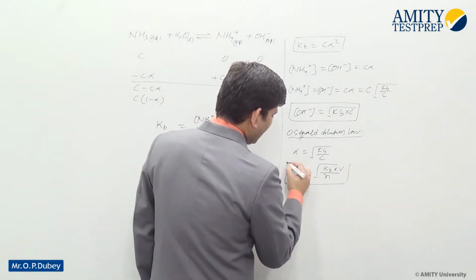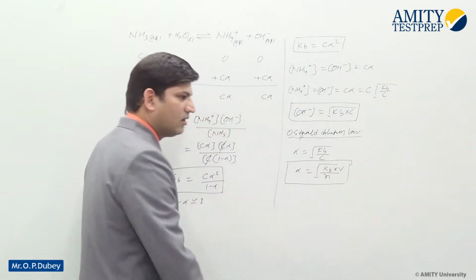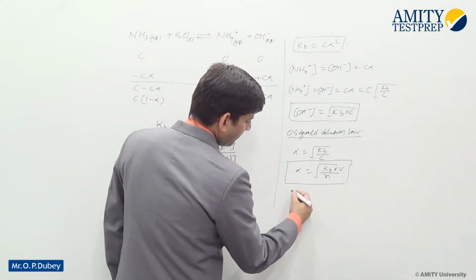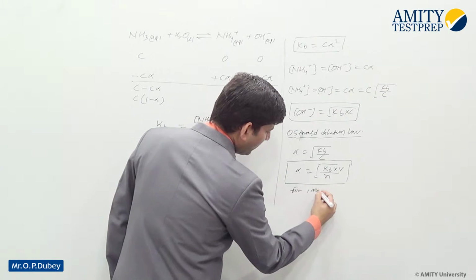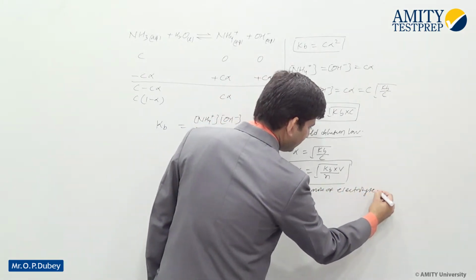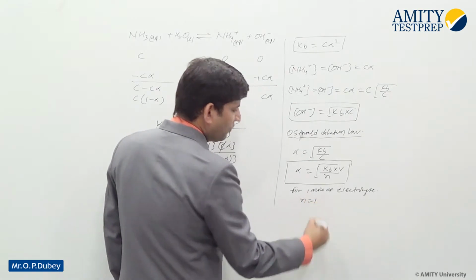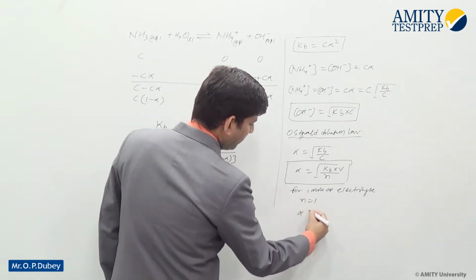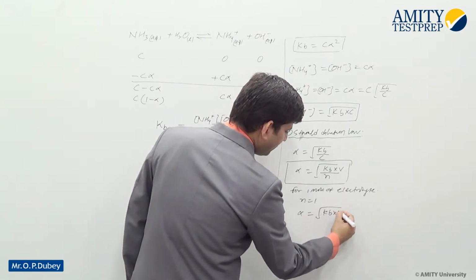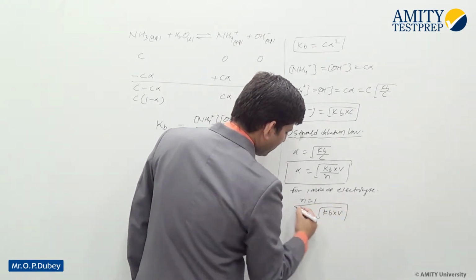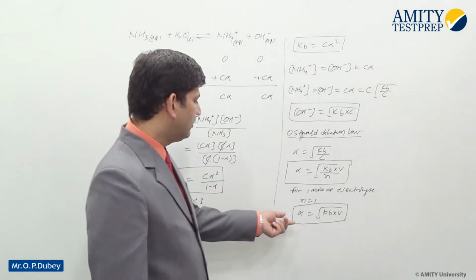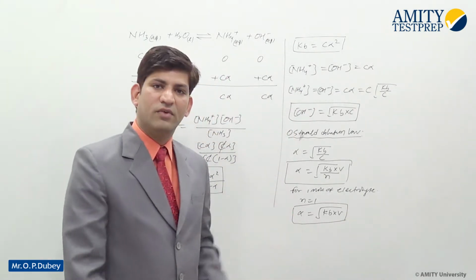If 1 mole of electrolyte, 1 mole of weak base, is taken in a solution, the n is equal to 1 and alpha can be written as under root Kb multiplied by V. V is the volume of solution in liter. Now we can explain the Ostwald dilution law from this equation.